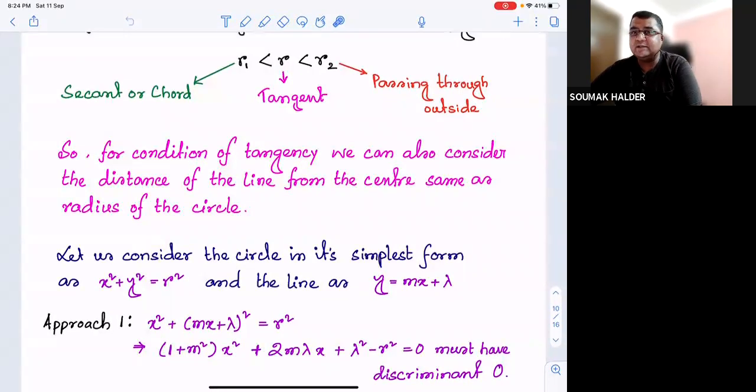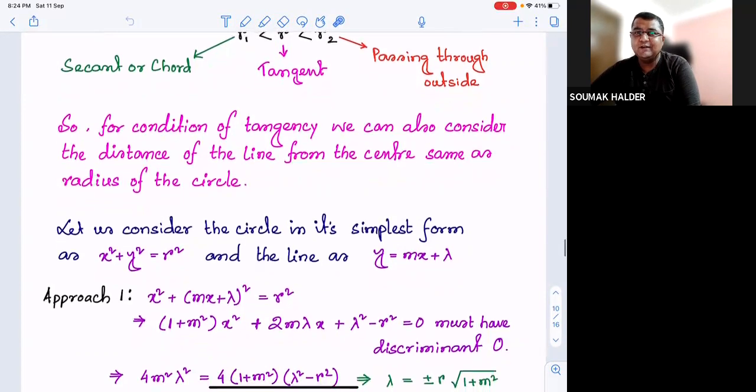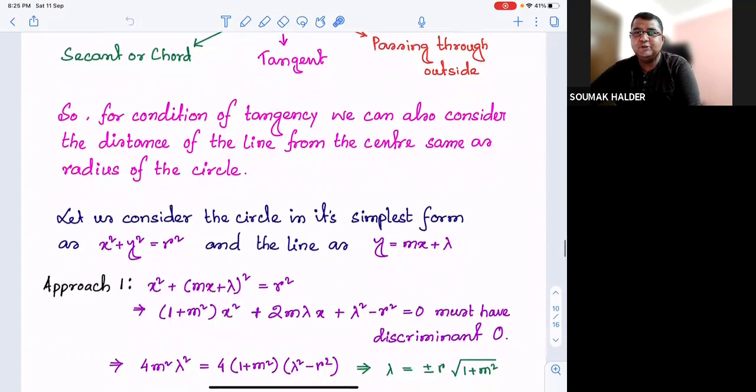Now for tangency, this associated quadratic must have discriminant 0. That led us to the condition that lambda square should be r square into 1 plus m square, or lambda itself coming up with two possibilities, plus or minus r into root over 1 plus m square.